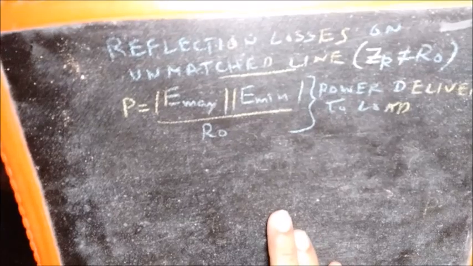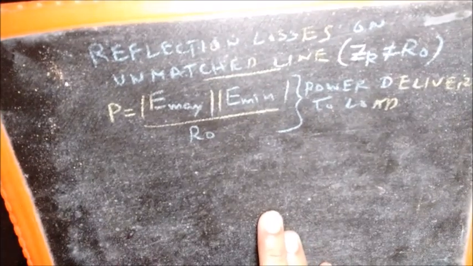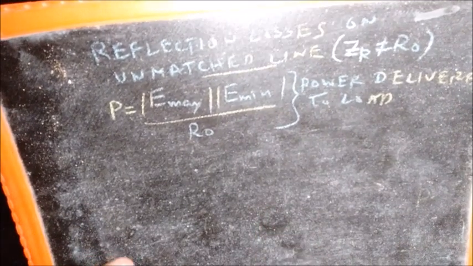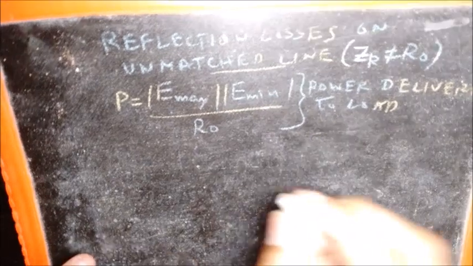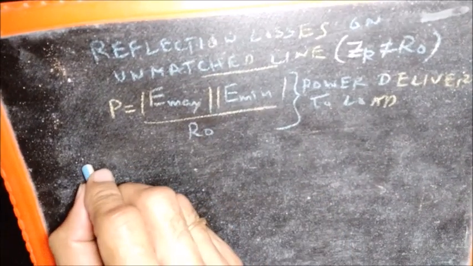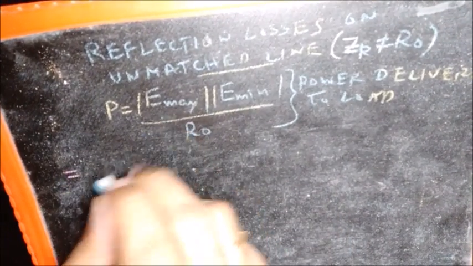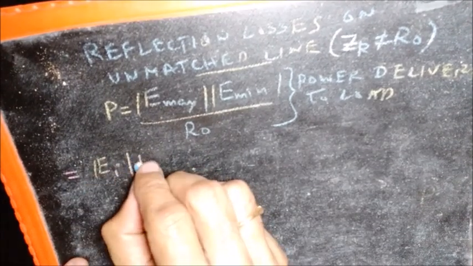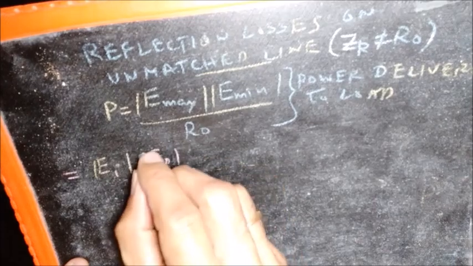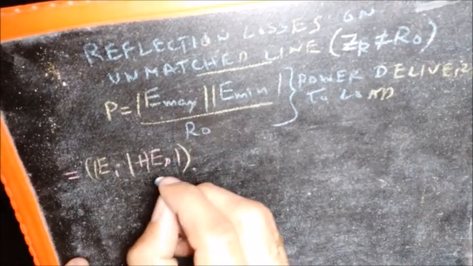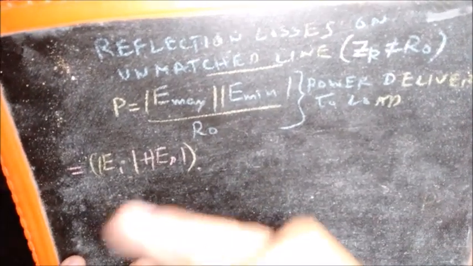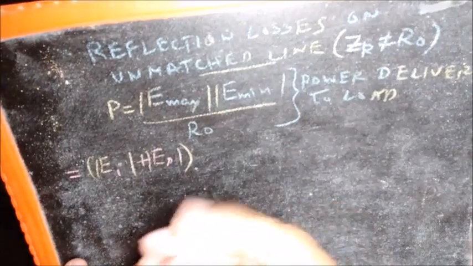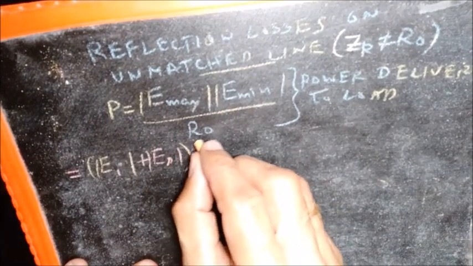This is the power which is delivered to the load. This is the power which is there throughout the transmission line, and this is the power which is delivered to the load. Now, we can write this as equal to, because we know E max is EI plus ER, that is when the magnitudes of the incident and reflected voltage waveforms add up in phase, we get E max. This was discussed a short while ago.